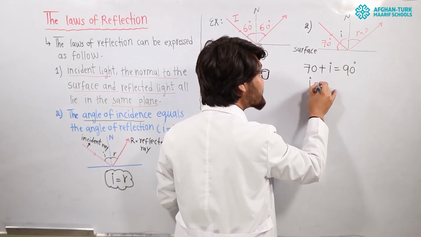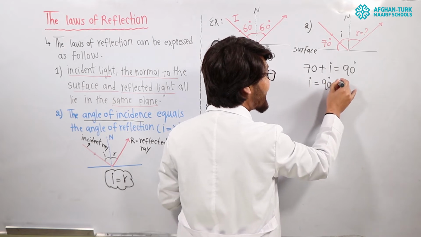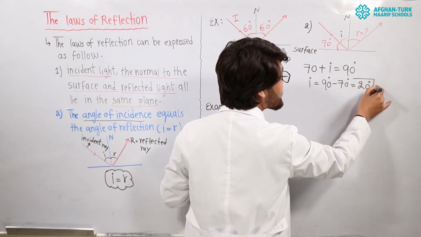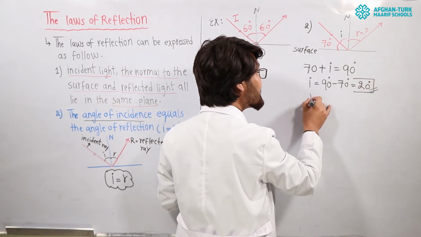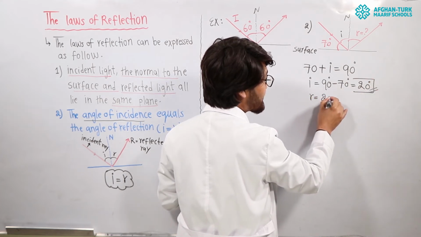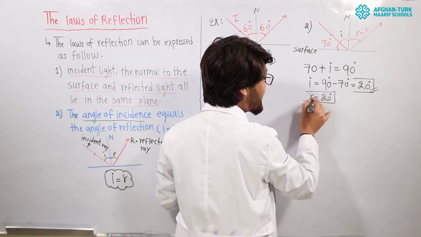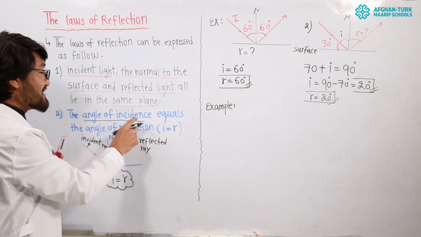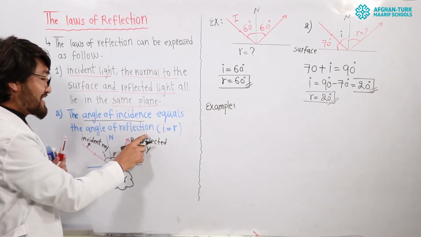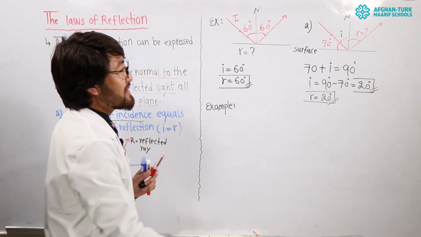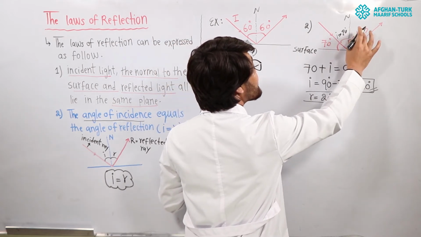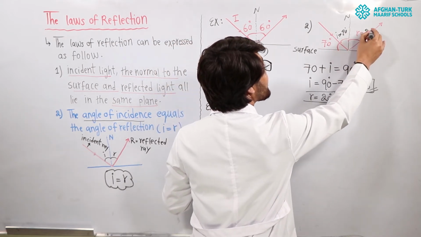I is equal to 90 minus 70 degrees. What is I? I is 20 degrees. R is also 20 degrees because we know the law of reflection. The angle of incidence is equal to the angle of reflection, I is equal to R. We found I is 20 degrees, R is also 20 degrees.